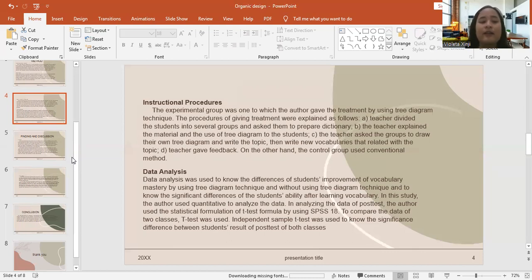In the study, the author used quantitative analysis of the data, and the author used the statistical test formula by using SPSS 18. To compare the data of two classes, an independent sample t-test was used to know the significant difference between students' results of the post-test of both classes.